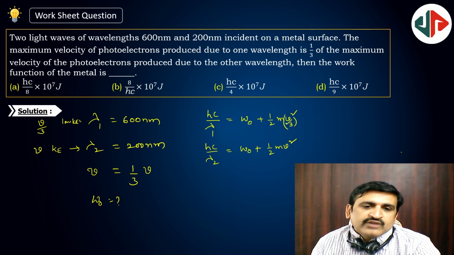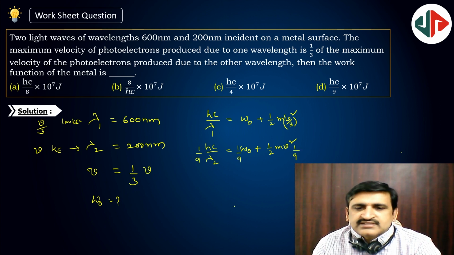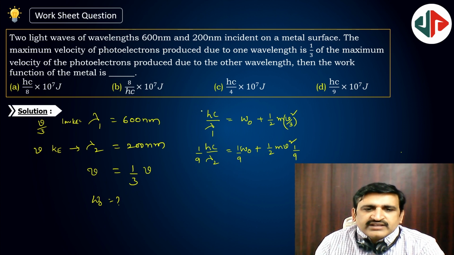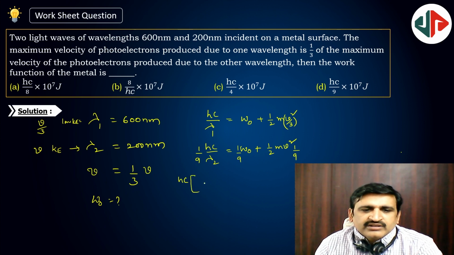So if I take 1 by 9 on both terms and then do subtraction, HC can be taken common: HC of 1 by lambda 1 minus 1 by 9 lambda 2 is equal to W naught of 1 minus 1 by 9, which is 8 by 9 W naught.